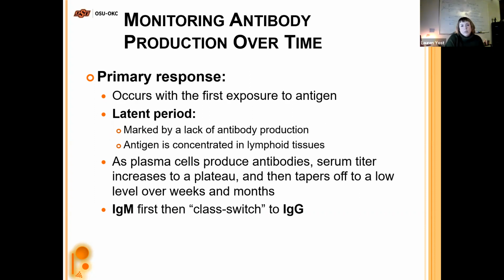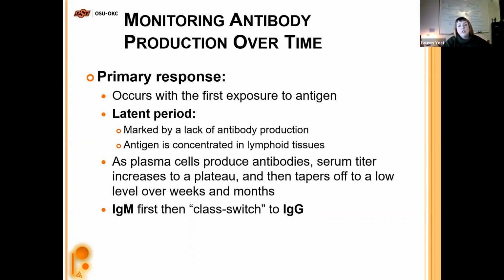The primary response to an antigen, upon the first exposure to antigen, we have a latent period, and that is because we need to start making antibody. We have to turn all of our cells on and find the right cell to activate, and have the T cells activating the B cells and everything like that. All that stuff has to happen before we can actually start responding.